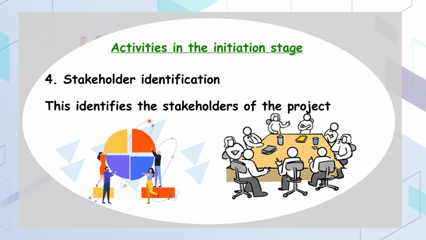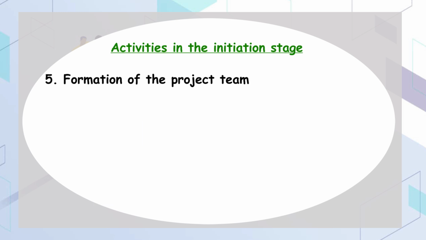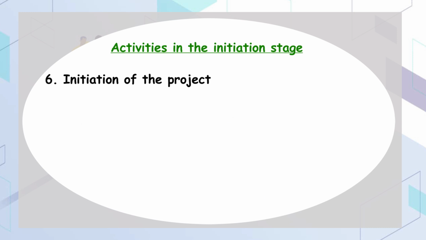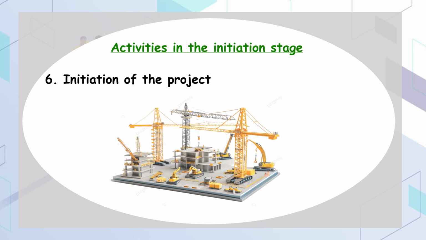Fifth, we assemble the project team, those responsible for their activities, such as qualification, procurement, and construction analysis according to their roles. Lastly, we have initial planning, where we develop an initial project plan that includes timelines, budget statements, and resource collection.